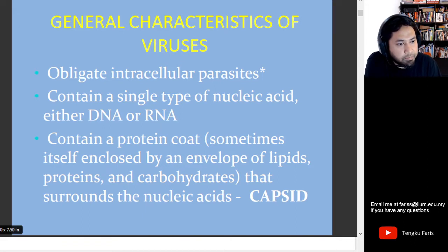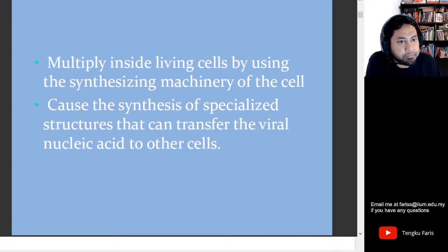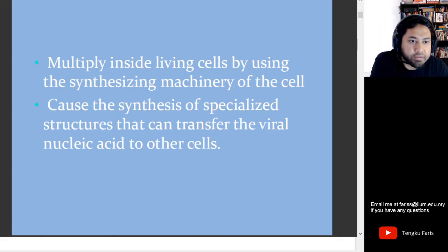The virus contains a single type of nucleic acid, in the form of DNA or RNA. It contains a protein coat. Sometimes it is enclosed by an envelope of lipids, glycoproteins, proteins, or carbohydrates that surrounds the outer structure of the nucleic acid. We call this a capsid, like a capsule, protecting the DNA or RNA, the genetic material of the virus.